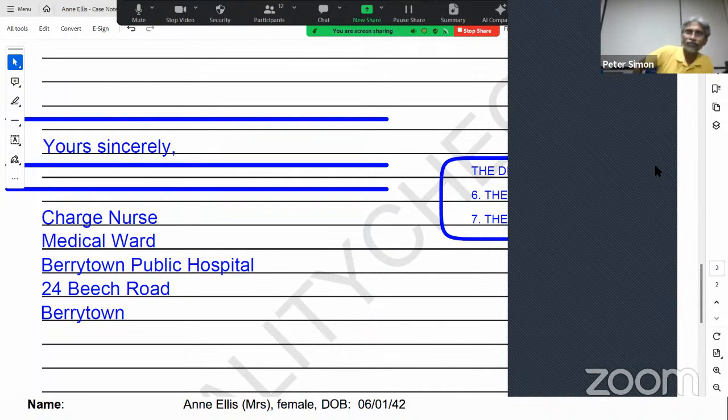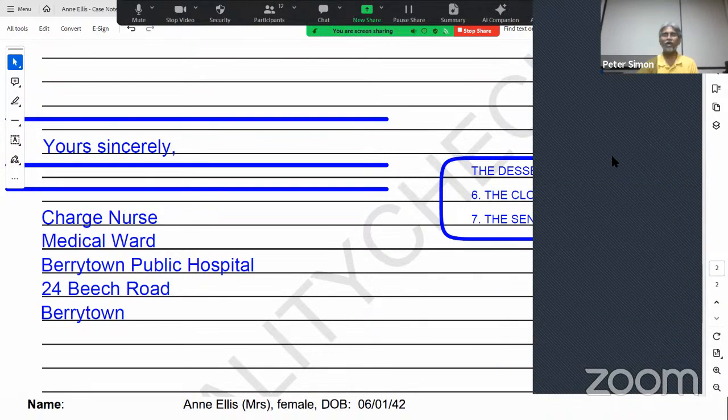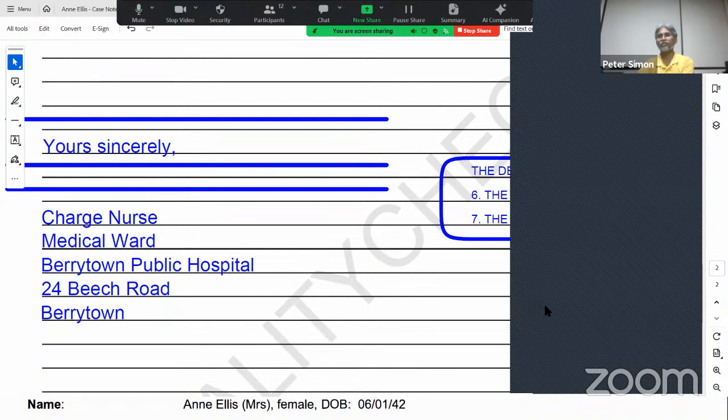One more candidate. So 6 candidates are there. What about the others? So others are new students.